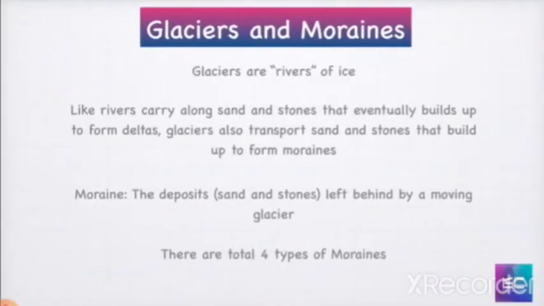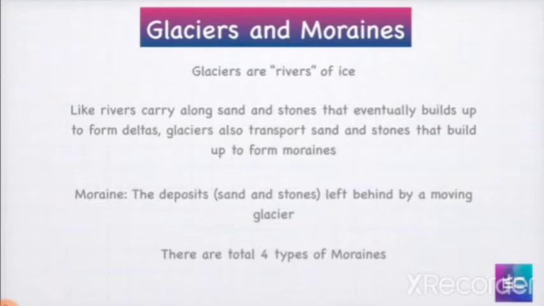Another part we saw now is glaciers and moraines. We learnt about glaciers, the rivers of ice. Like rivers carry the sand and stones that eventually build up to form the deltas, glaciers also transport the sand and stones that build up to form the moraines.